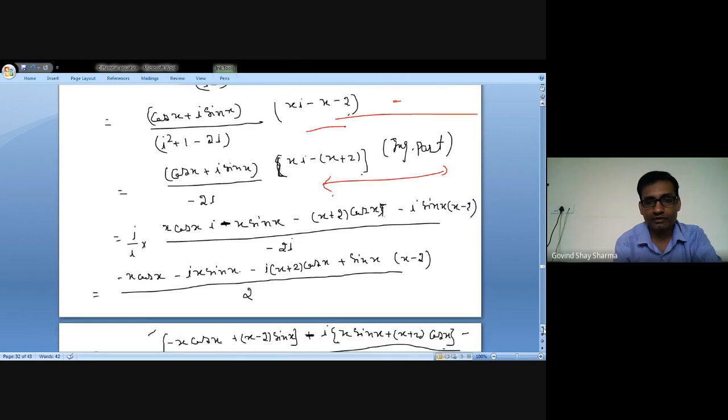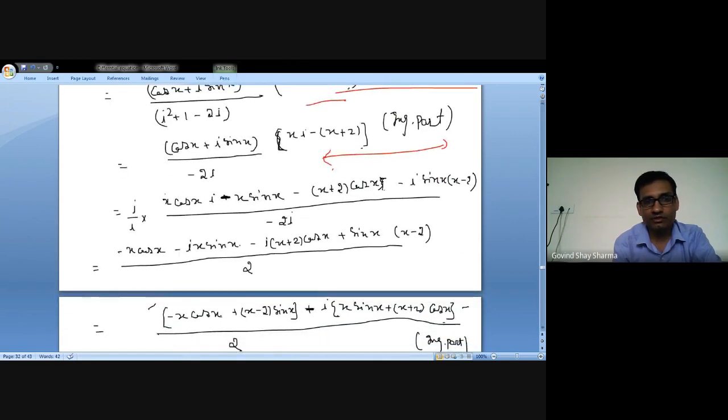So this segregation converts x cos x into minus x sin x, because iota square is equal to minus 1. So iota and iota converts to minus x cos x, iota with x sin x.